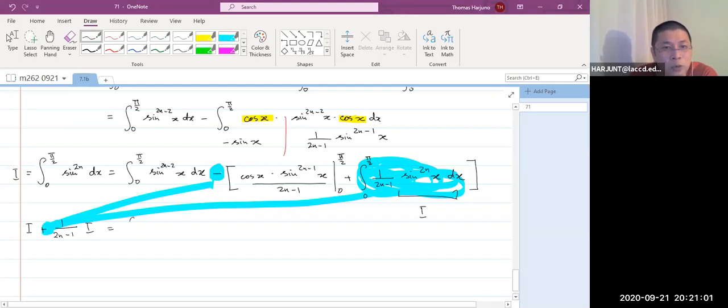So it equals the integral from 0 to pi over 2 of sine to the 2n minus 2 x dx minus 1 over 2n minus 1 times the boundary term, when x equals 0. So this is 0. When x is pi over 2, that's 0, minus when x is 0, that's also 0.